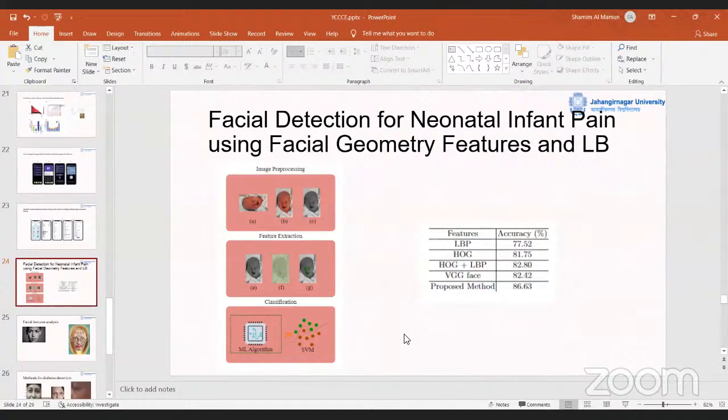So we are extracting features from various methods. We take facial landmarks to identify eye, nose, and mouth positions, and applied LBP, local binary pattern, to get the textural context, and spatial influences can be measured by geometrical features, such as eye position and eye areas, nose areas, and the mouth opening and areas.